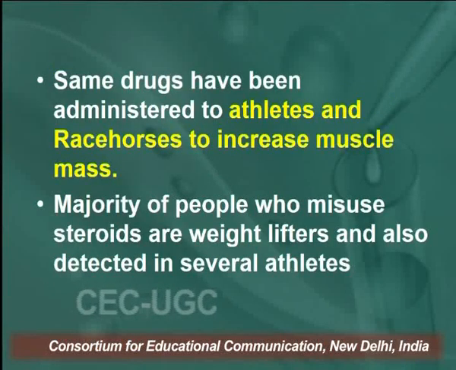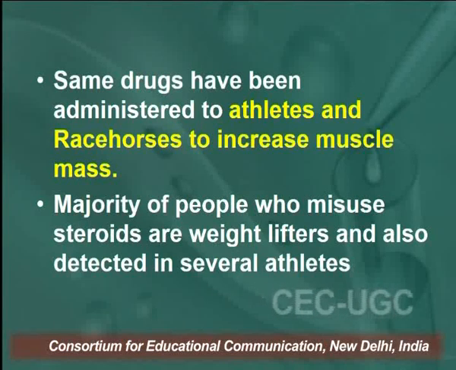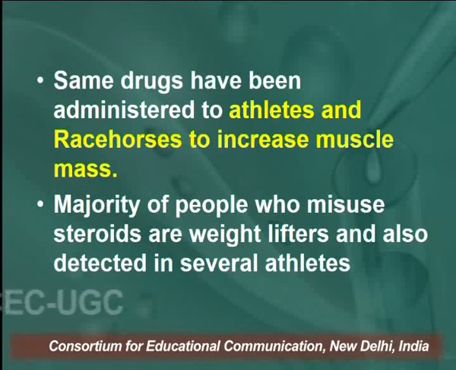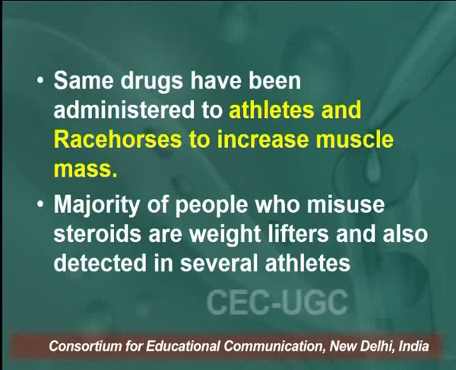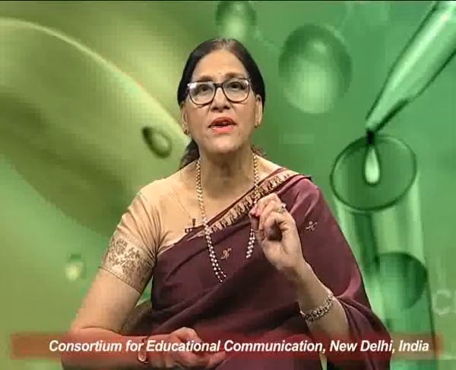Learners, sometimes the same drugs have been administered to athletes and race horses to increase muscle mass, and the majority of people who misuse steroids are weightlifters, and they are also detected in several athletes.